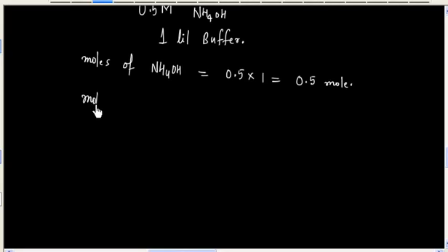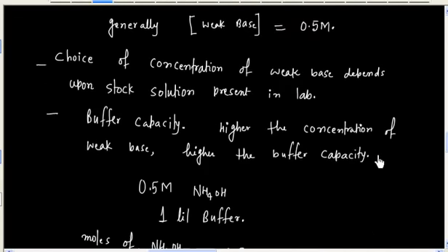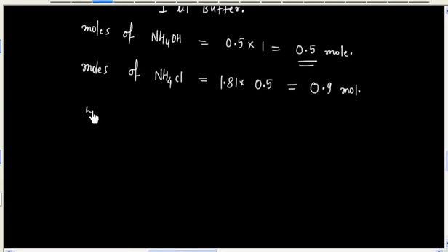Now mole of ammonium chloride is 1.81 times 0.5, and this is 0.9 mole. We can also calculate weight of ammonium chloride, that is 0.9 into molecular weight of ammonium chloride.